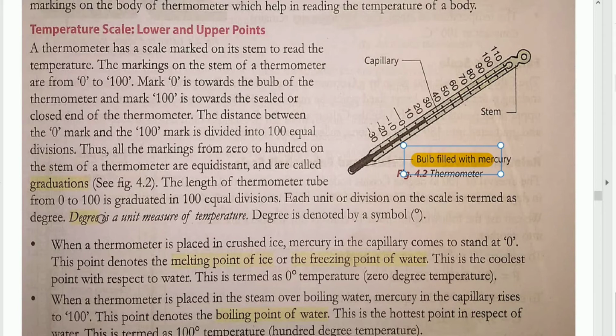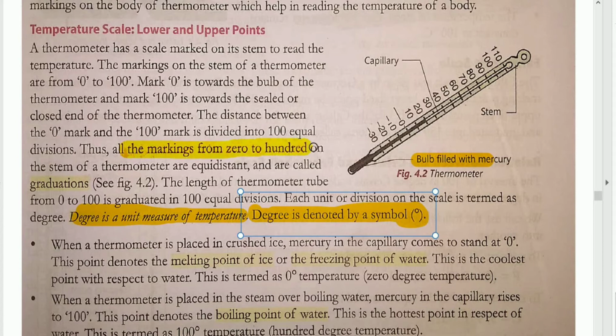So here degree is a unit of measured temperature, and we can denote degree by this symbol. This symbol is particularly known as degree. And the markings, as you can see in this picture: these markings from 0 to 100 on the stem of the thermometer are equidistant.